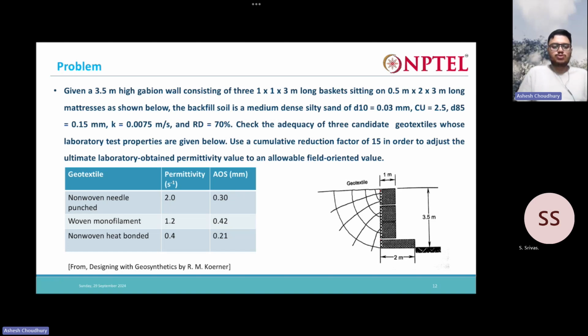So let us start. The first step in these kinds of problems is to calculate the permittivity or the transmissivity.